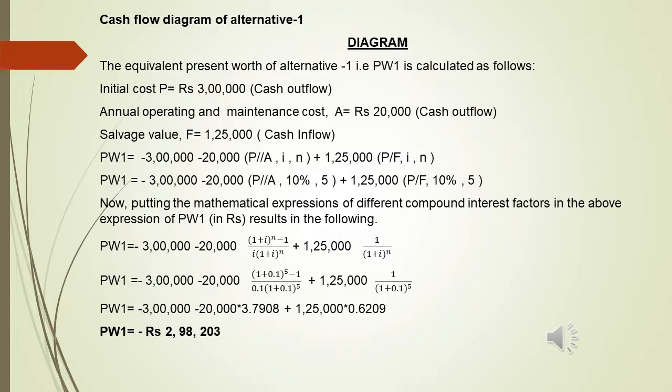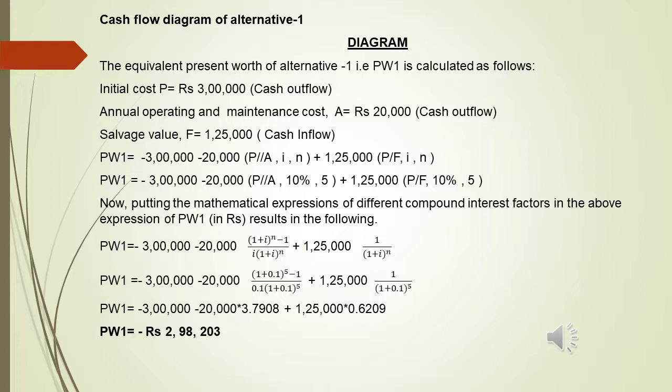Expected salvage value, what is that? That is the money you are going to receive later, in the end. So that will be upward, that is 1,25,000, and you have to mark this in the diagram. In the diagram, the equivalent present worth of alternative 1 you have to name as PW1, and for that you have to calculate.